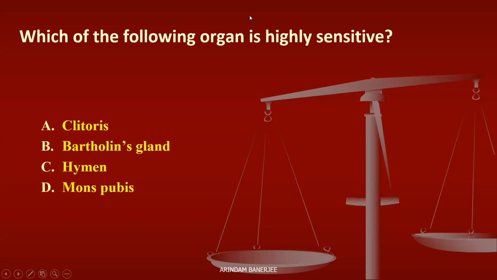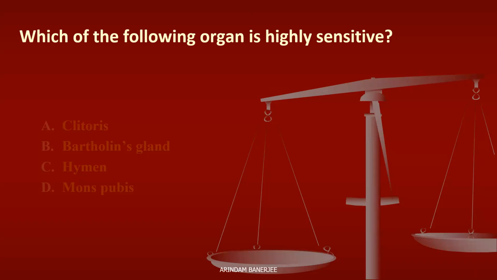So kindly tell me which of the following organs is highly sensitive. Yeah, clitoris. Only I got the answer from Vani and Alamilla. Where are the rest? So clitoris is the highly sensitive organ. Next question.